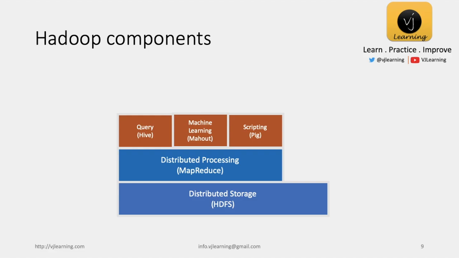Hive is for people who have no Java background but are good at queries and SQL. Hive is a query language platform where you can run queries, which generally get converted into MapReduce and run on HDFS. For folks with a scripting background, like Unix script and shell script, they can write code in Pig, which is a scripting utility and internally converts into MapReduce.